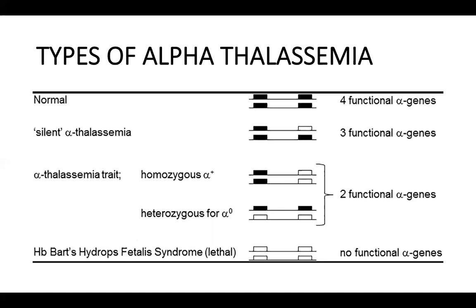You can only get it with a cis mutation because the baby has to inherit 1 chromosome that has no normal alpha genes and has to get the other from the father who has a chromosome with no normal alpha genes. And so this is what gives you no functional alpha genes and is lethal.